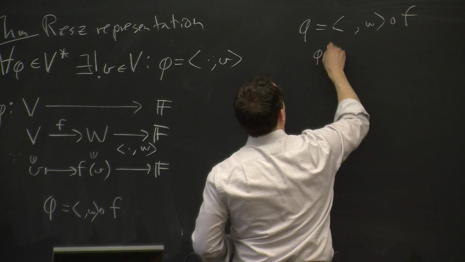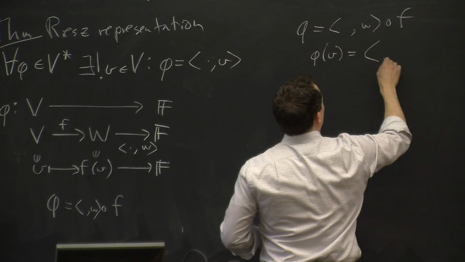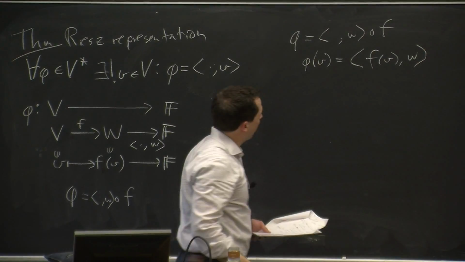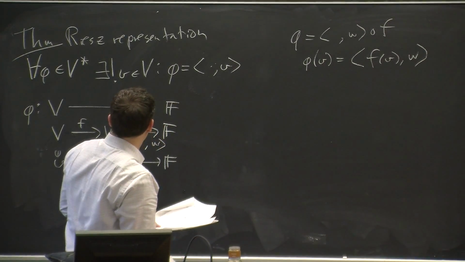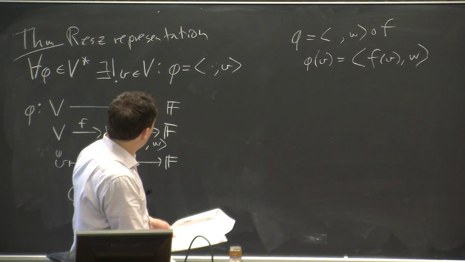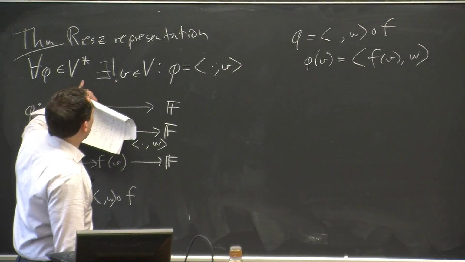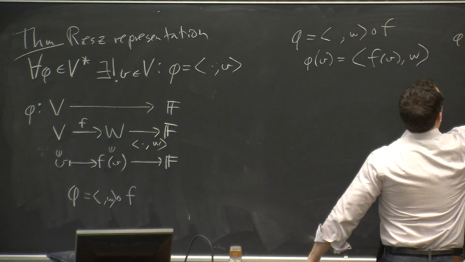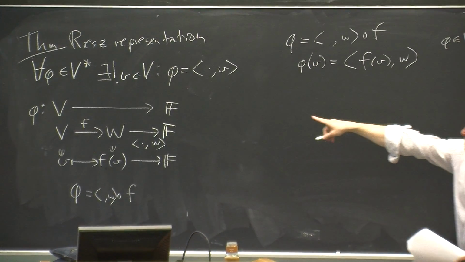Another way of saying that is that phi of v is the inner product of F of v and w. And that defines a perfectly good element of V star. Now phi is in V star, so now I can apply this theorem.